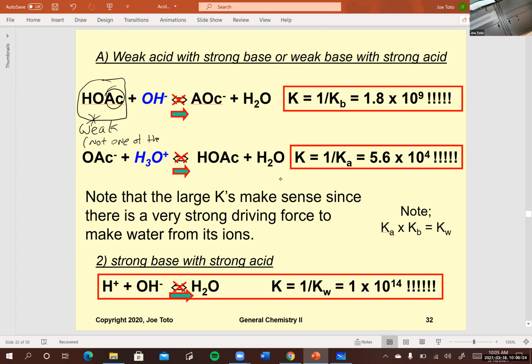It's even easier than that. It's not one of the 7 strong acids that you were supposed to memorize. Okay. So if it's not one of the 7 strong, then you are to assume that it's weak. Okay. Now, what kind of a base is this?